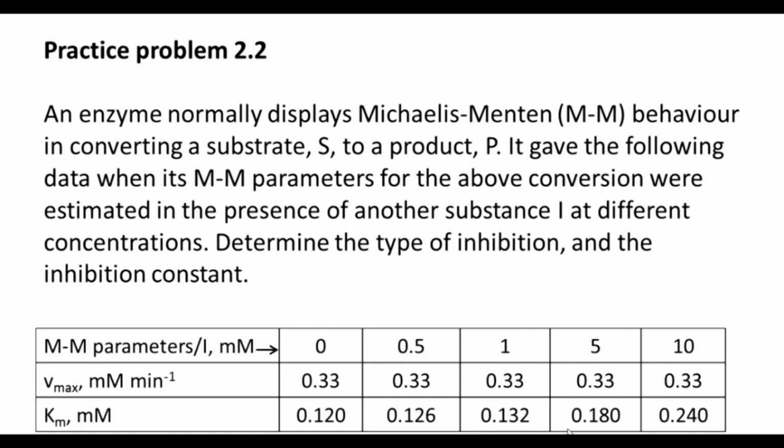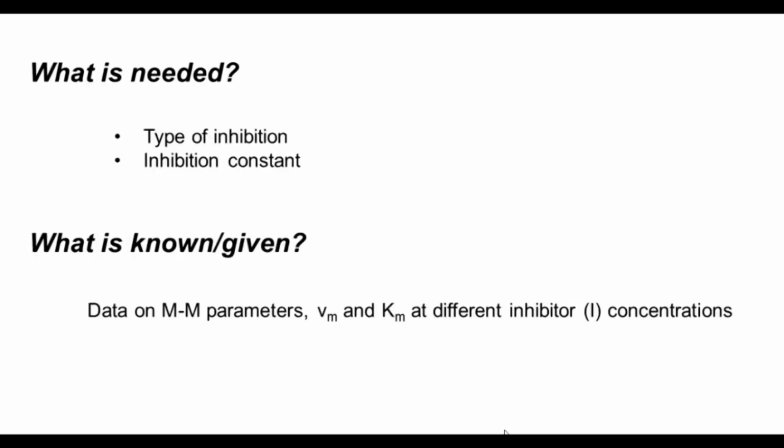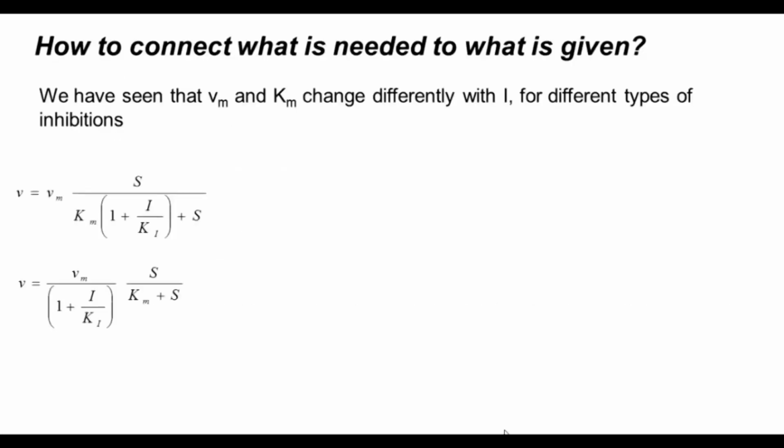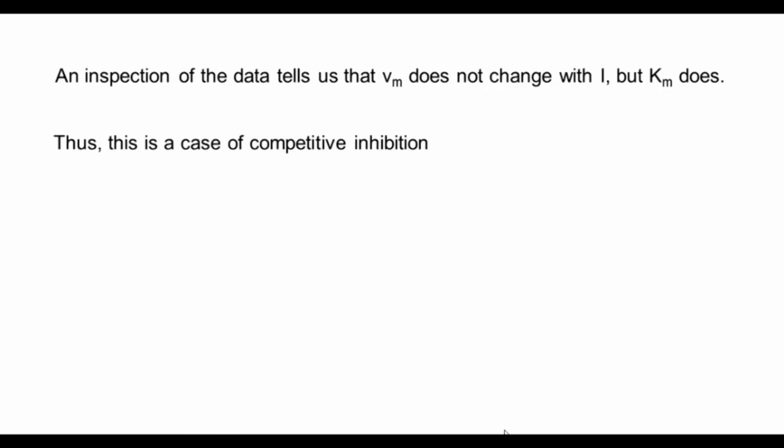Whereas Km changed. This is what we said earlier, and this is what the data shows us. So, this is clearly a case of competitive inhibition. That is straightforward. That is the first question, what kind of inhibition it is.